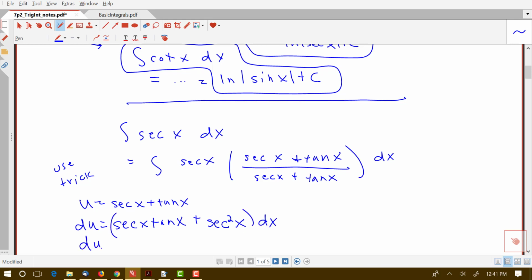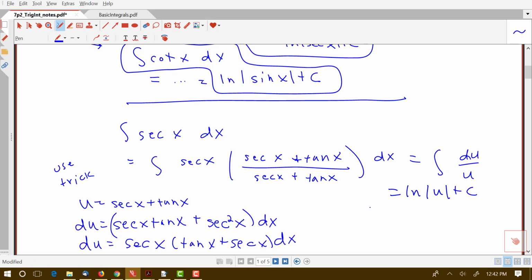Now notice I could pull secant x out of this, so I'd have secant x times tan x plus secant x, okay, which is exactly what we're seeing in our integral here. So this numerator of secant x times secant x plus tan x dx is going to become du, and then that denominator here of secant x plus tan x becomes u.